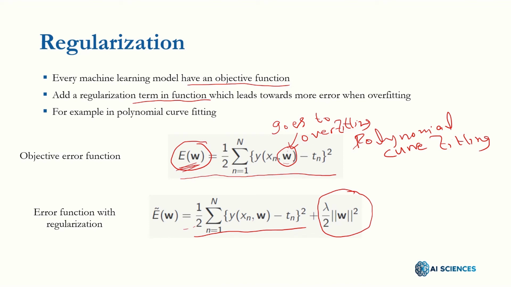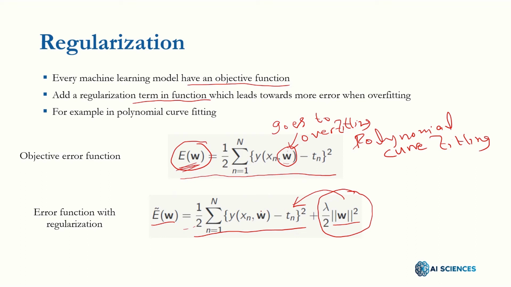Overfitting was happening due to big coefficients of W. So we add a regularization term which contains W. If the coefficients are higher, a squared number of the coefficient will be added to the term and the error will be increased. So we bound our objective function such that the regularization term is controlling the error.